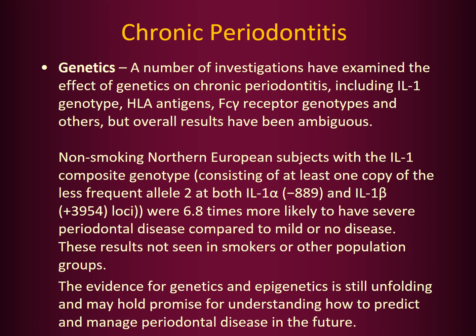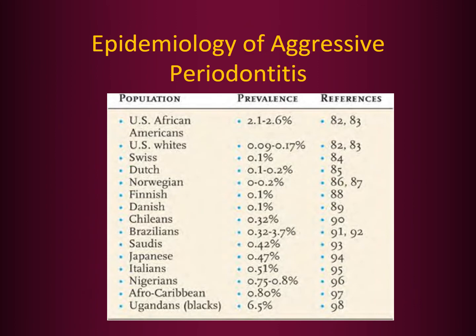genetic makeup. Now, we have talked about aggressive periodontitis in the past, and we talk about locally aggressive and generalized aggressive periodontitis. One of the things that seems to be fairly clear from the literature is that despite where you evaluate the disease process, it tends to have a fairly low prevalence across the world.